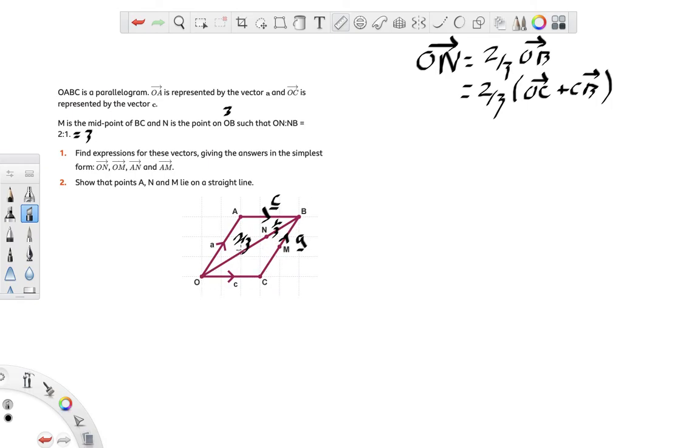And if we take 2/3 of that, that will give us O to N because of this ratio that we discussed earlier. Okay, so 2/3 of O to C plus C to B. Well, that will be 2/3 of C, because O to C is represented by the vector C, plus A.